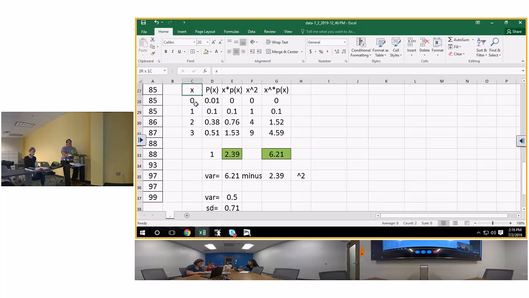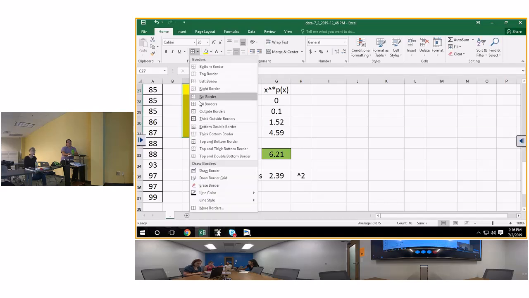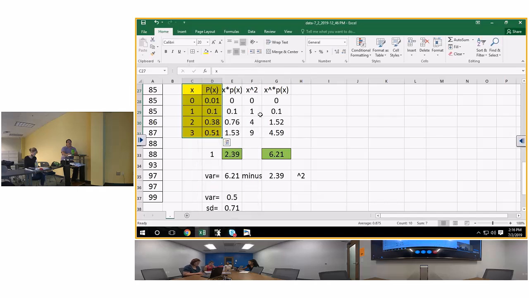I'm going to highlight these 2 yellow because that is what's given. So make sure if you're given a probability distribution that you can find the mean and the standard deviation. Capiche?